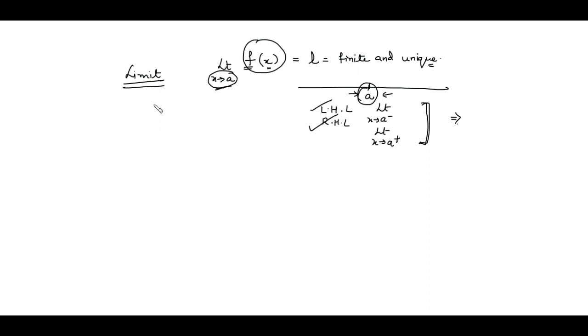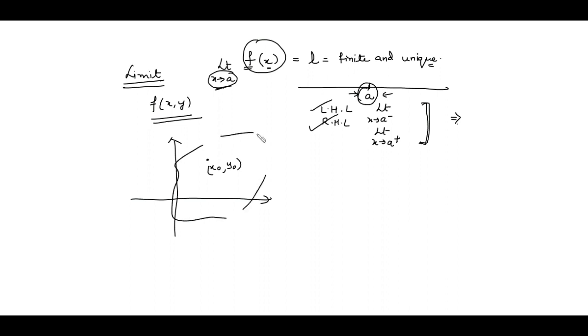But now just see, whenever you have a function of more than one independent variable, let's suppose a function of two variables x and y, and we have to find the limit at any point (x naught, y naught) of some function, right? So what is the limit in this case?